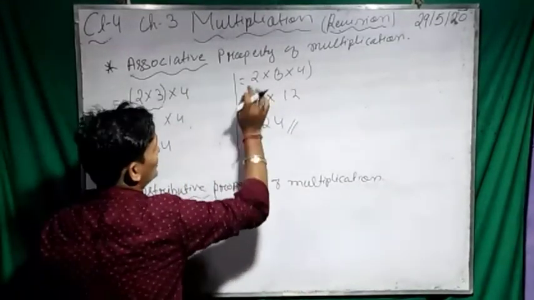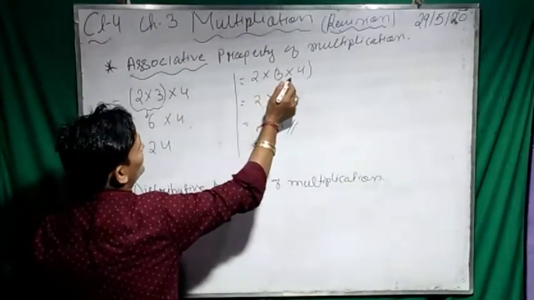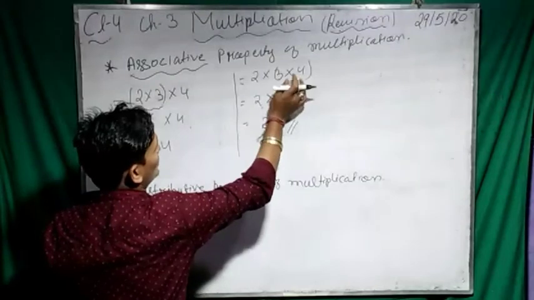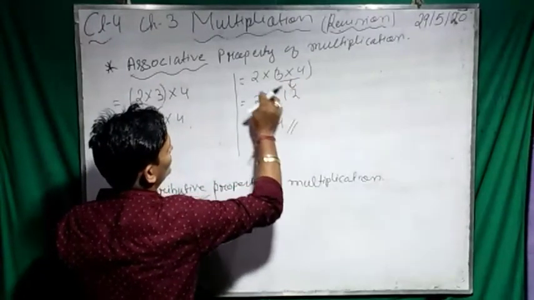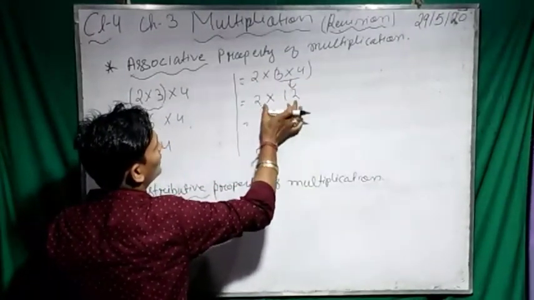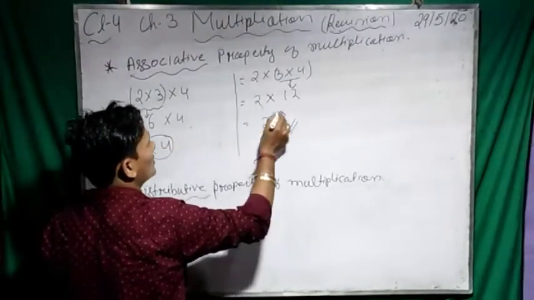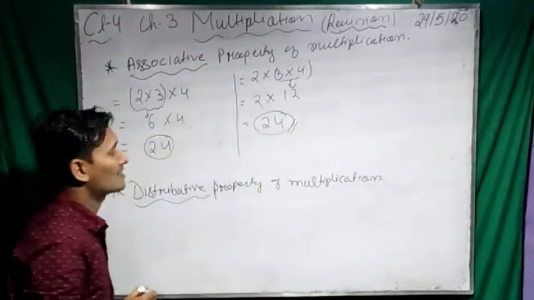Now the same question I wrote here, 2 multiplied by 3 multiplied by 4. But what I did here, first I multiplied the last 2 and got 12, and this 12 I multiplied by this 2. So now what is the answer? The product is the same.